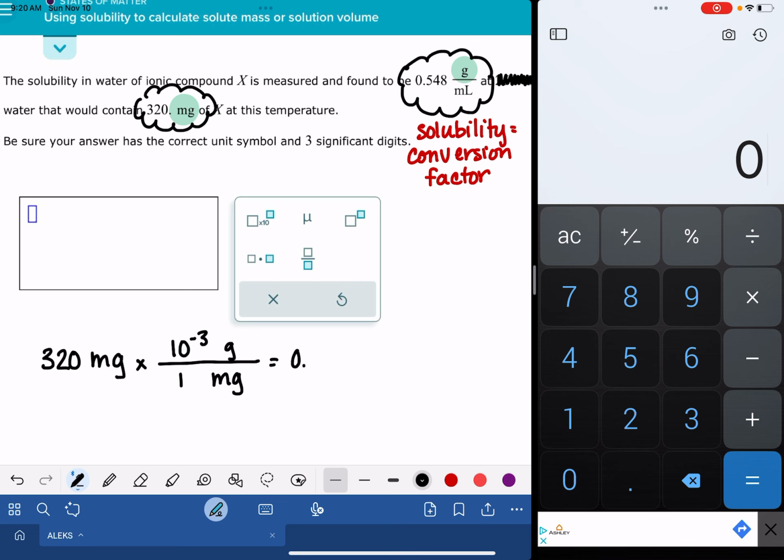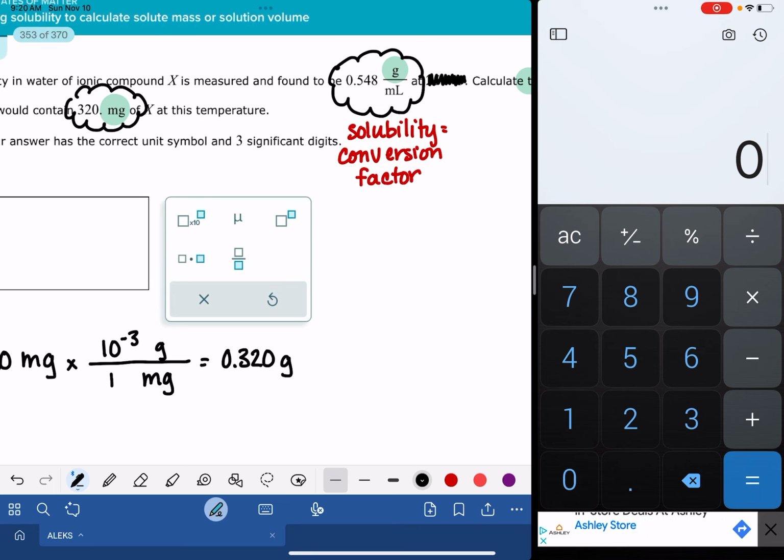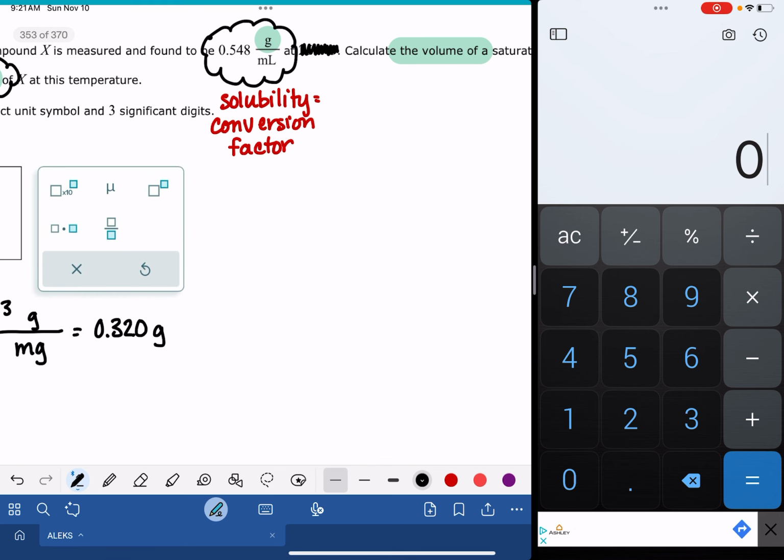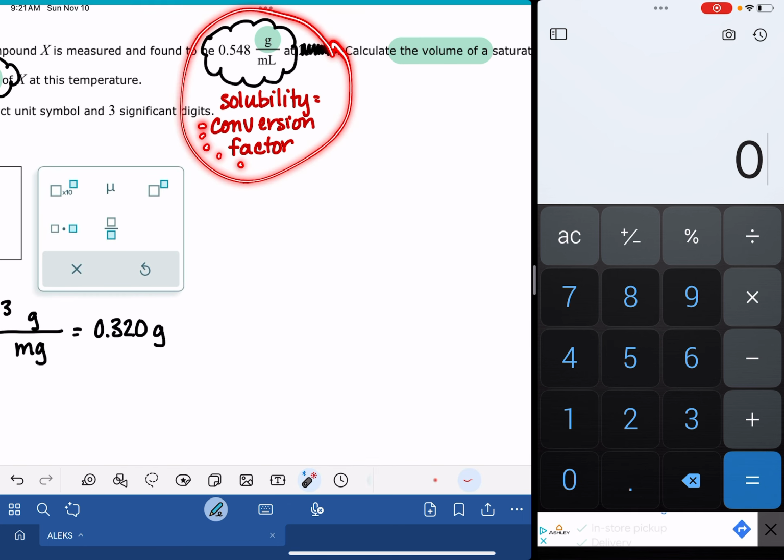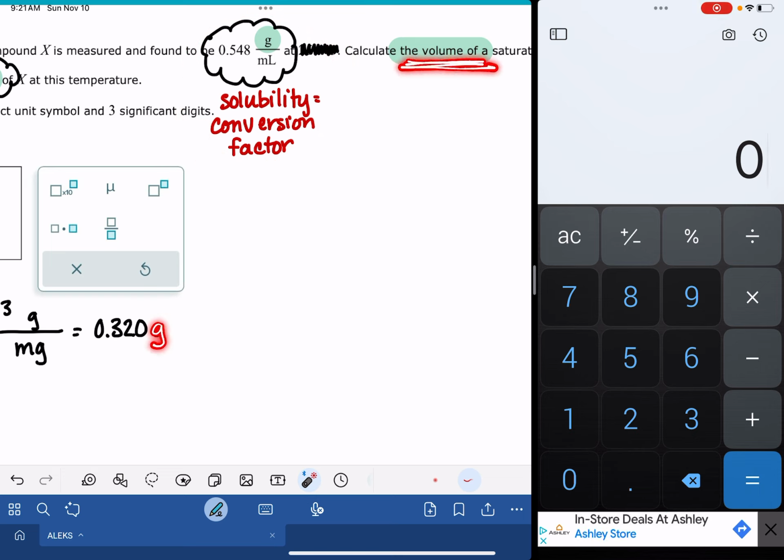And that's going to be 0.320 grams. And then once I get that done, I am going to be able to use this solubility as a conversion factor to convert from mass into volume.